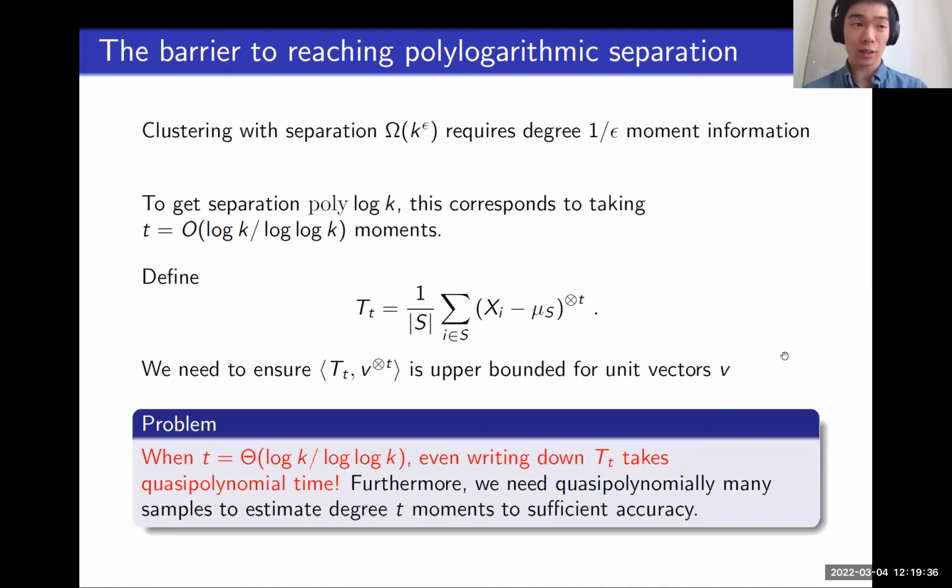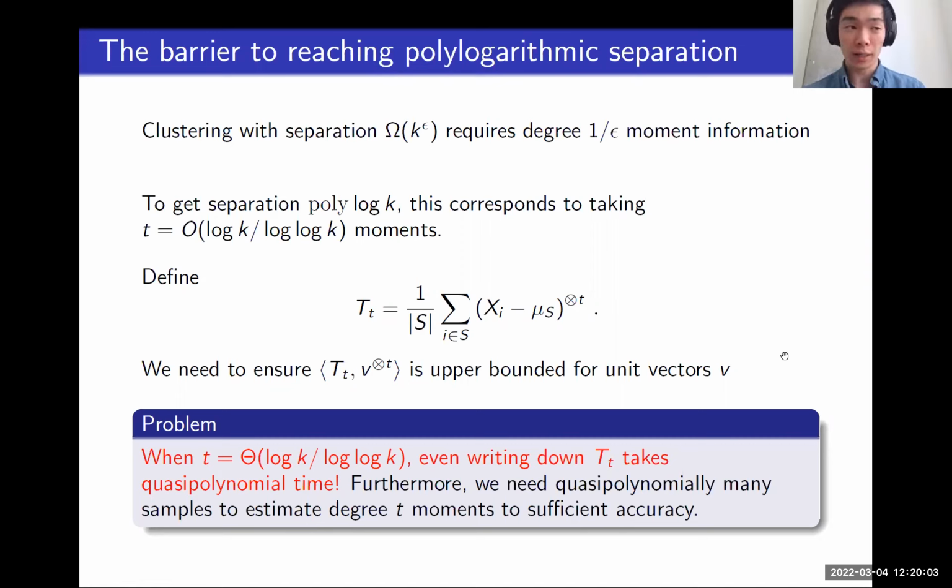However, we now see why this is a key difficulty: even writing down this full tensor takes quasi-polynomial time, because there are d to the log k entries, right? And even disregarding this fact, if we're going to measure log k moments, most naive ways of doing this would require d to the log k samples to get sufficient accuracy.